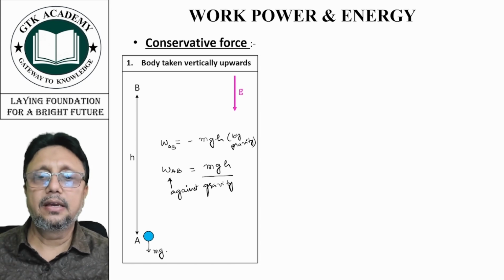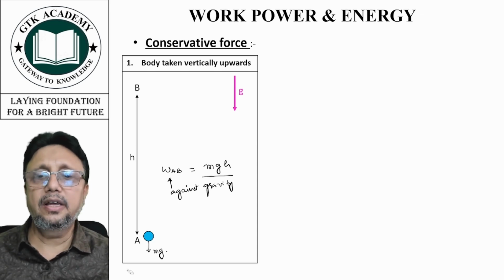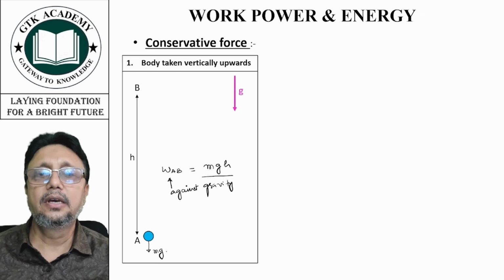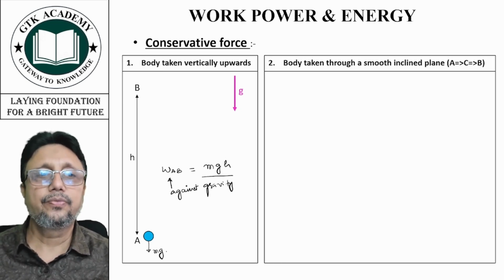So work done against gravity in this route is mg into h.